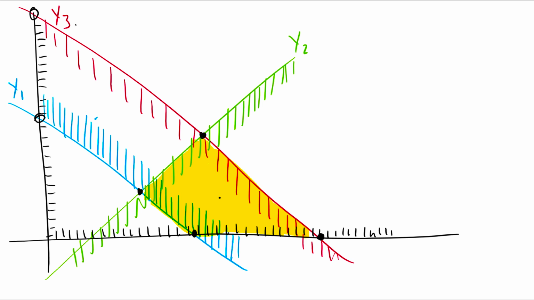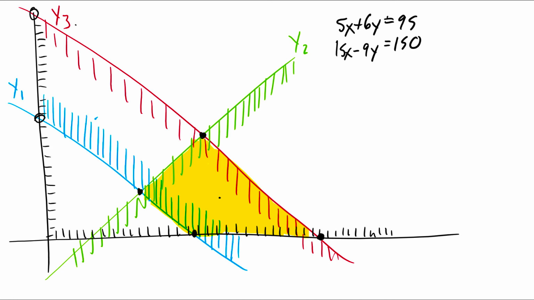So there's a couple different ways of doing this. We'll start off by finding where y1 and y2 intersect. So those lines are 5x plus 6y equals 95, and 15x minus 9y equals 150.